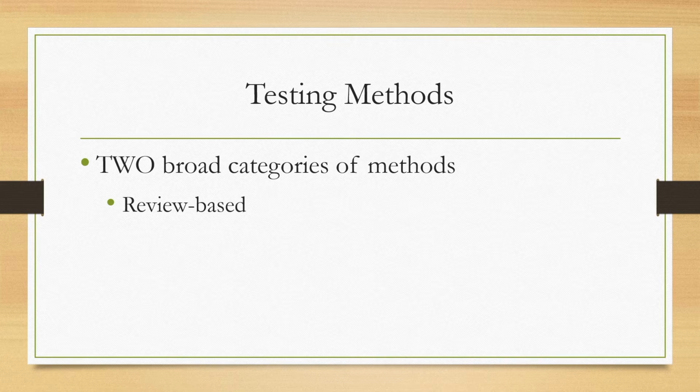Now, there are two broad categories of methods. One is review based code testing, the other one is execution based code testing. Whenever we are talking of code testing, our primary emphasis is on testing of logical correctness and testing of conventions, whether the code is following the conventions.